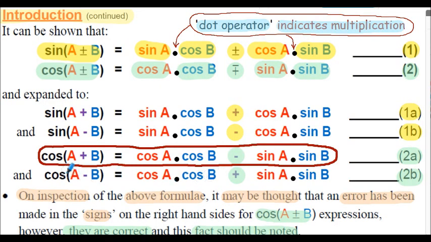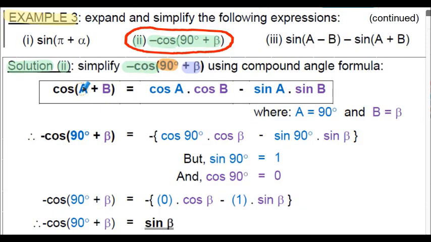Labelled as 2a on our listing here. So cos of a plus b. In this case, a is 90 degrees and b is beta. So notice here the negative is kept outside of the cos function, as stated in the original question.